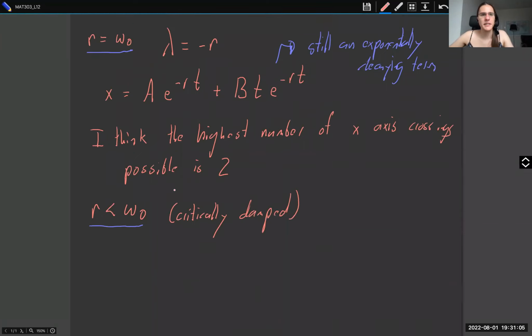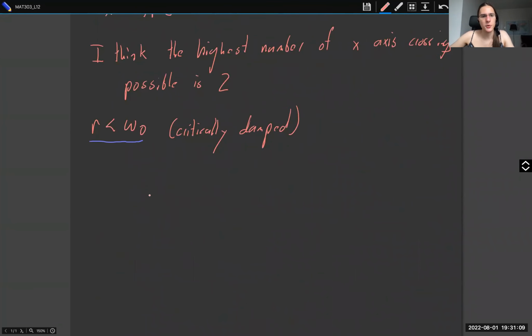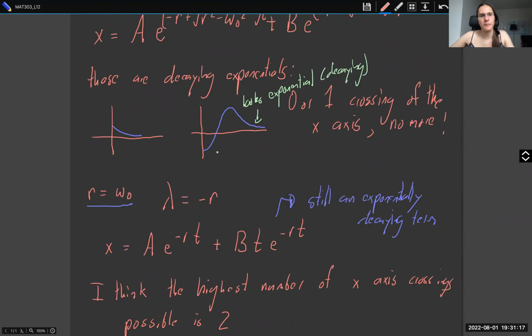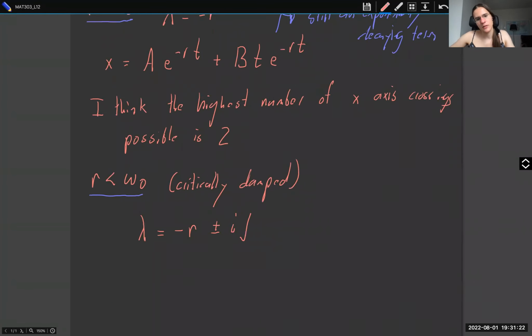So what's going to happen here is that the roots are going to be imaginary. So lambda is going to equal negative R plus or minus i times the root in the other way, so omega naught squared minus R squared.